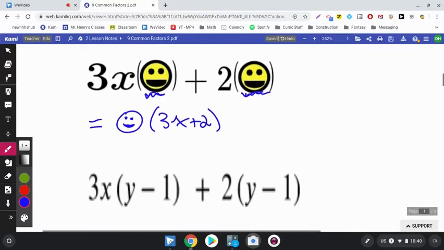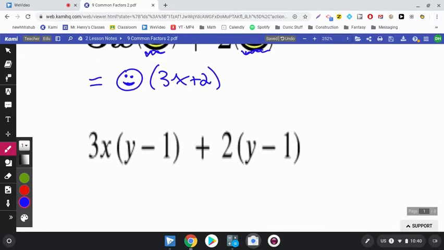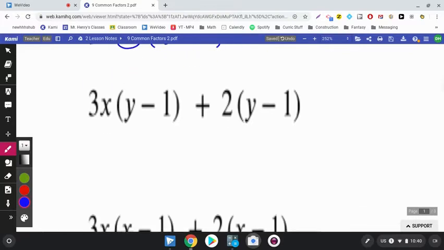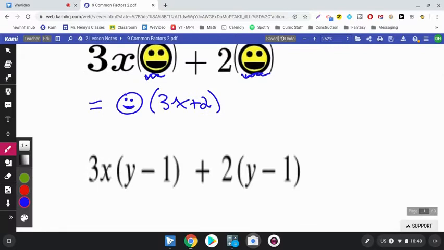So then I go to something like this: 3x(y minus 1) plus 2(y minus 1). What I want to recognize is that this is really the same as what we just did, except instead of a smiley face, now I have a binomial. I have a y minus 1 in this big term, and a y minus 1 in this big term.